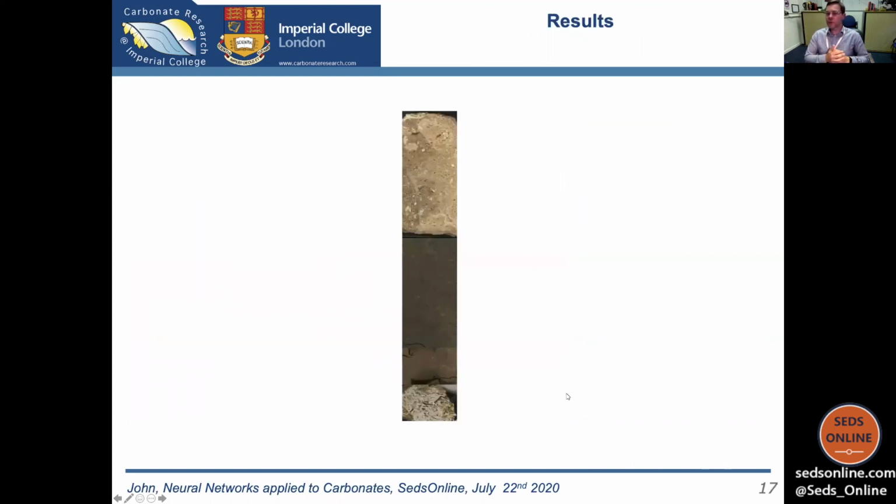Right, so let's jump straight into the results. So here's a fake core where Sharinya put together 3 different lithologies. And what you can do now with the trained network is you can feed it this core. It will basically slice it into small squares. And each one of these small squares is going to be independently assessed for a texture.